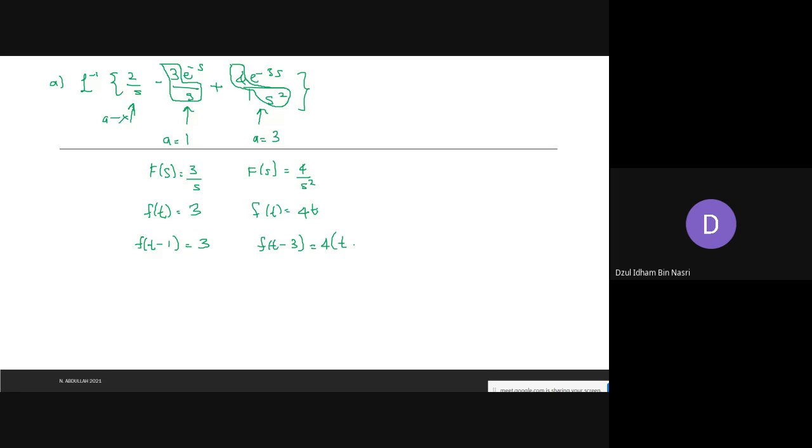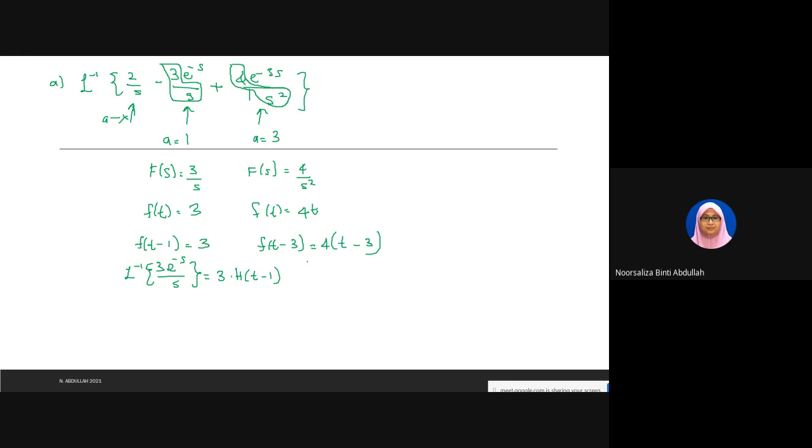Now you can write that the inverse Laplace of 3 e to the power minus s over s is equal to 3 h(t minus 1).